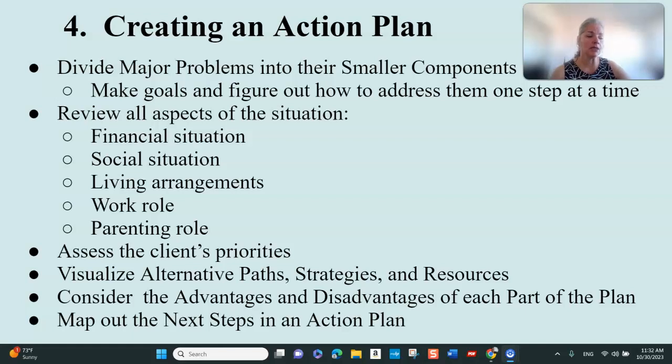Help them anticipate challenges, help them prepare with reasoned responses, like how are we going to respond when we face rejection, right? Or if they tell us no, what are our other options? Where else can we go? So make sure you're mapping out those steps one by one.